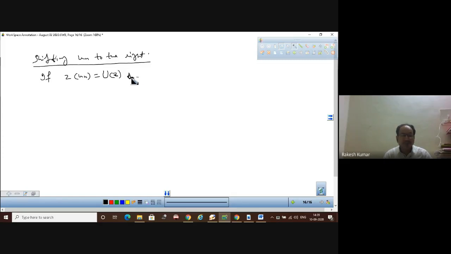Then shifting to the right means the Z transform of u of n minus k is equal to z to the power minus k times U of z. And what is k? k is a positive scalar. It has some positive value which is greater than 0.